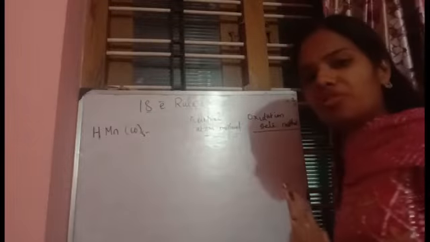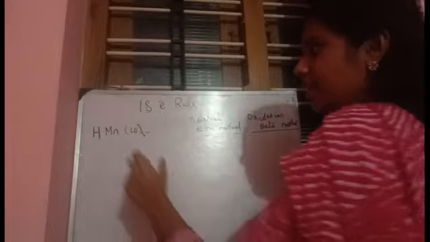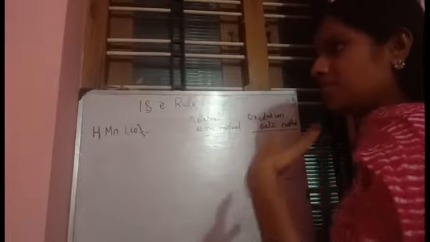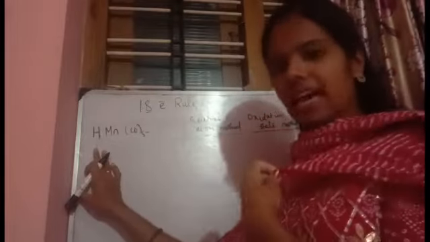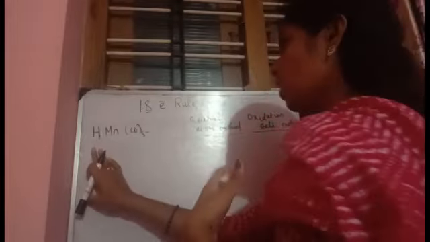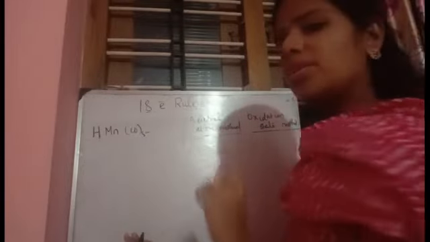Now the next complex is HMn(CO)5. Actually this is a hydride complex, right? Hydrogen is present in the form of a hydride ligand. So you have to consider that ligand also while counting the number of electrons.